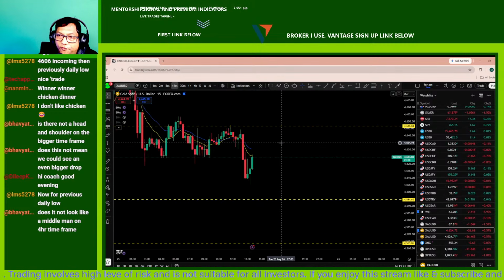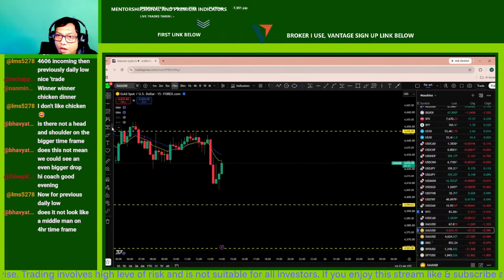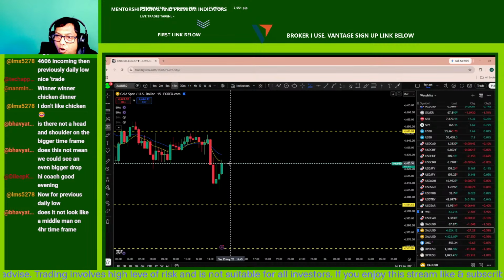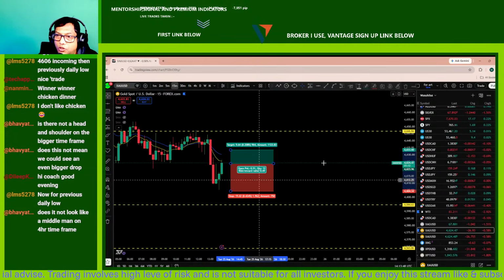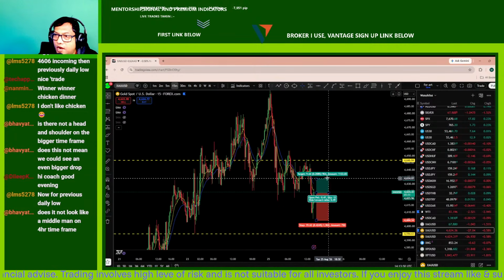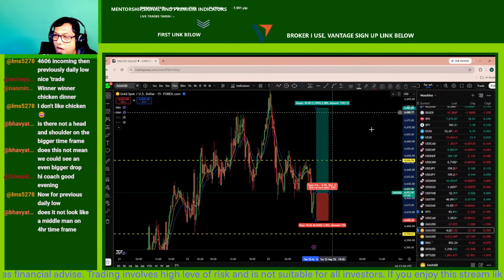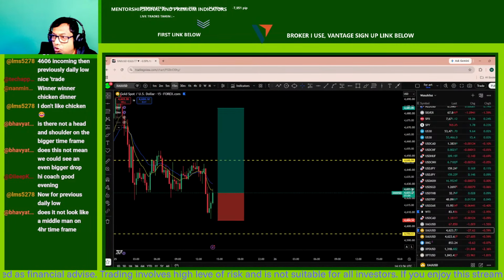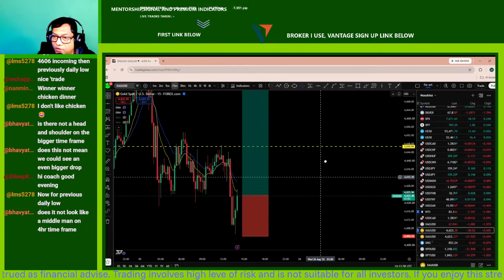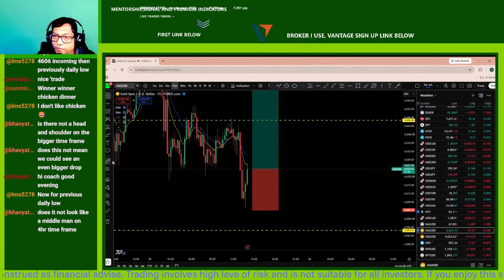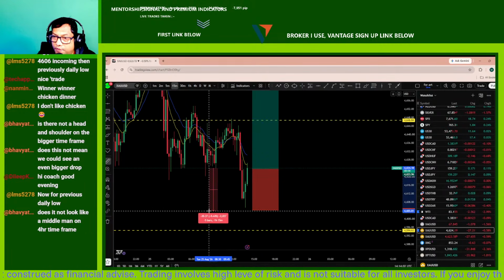So we'll be going for a buy entry, stop loss below this low, and we'll be targeting the order block, but we will be taking our profit target 1 if we see that the market has crossed the 4646 level. I'll be explaining more in depth with the strategy.